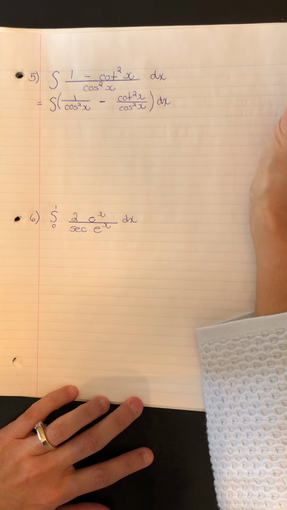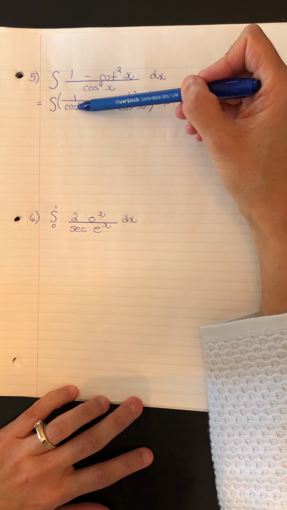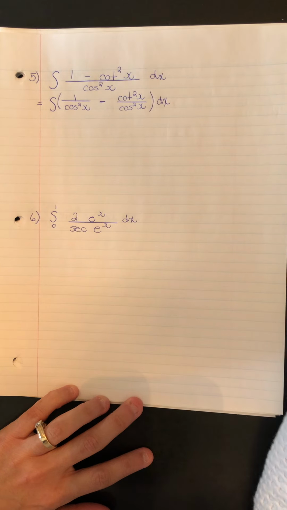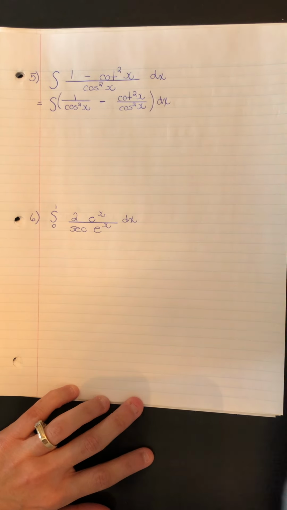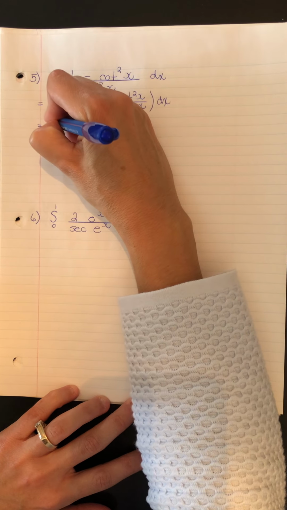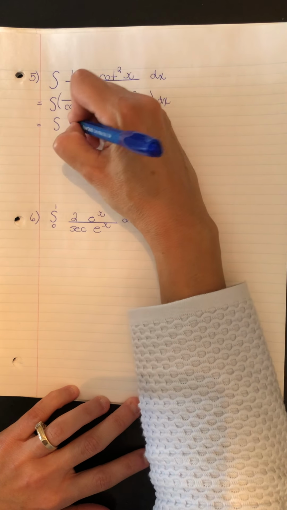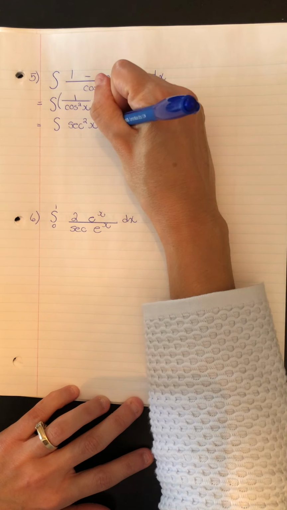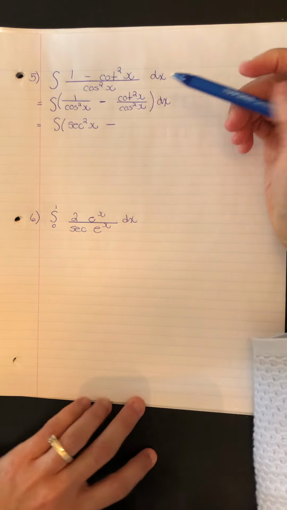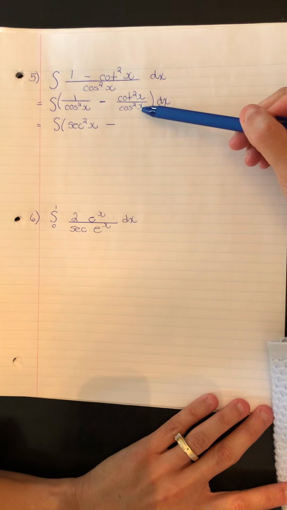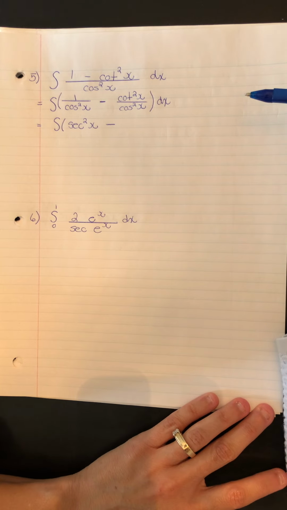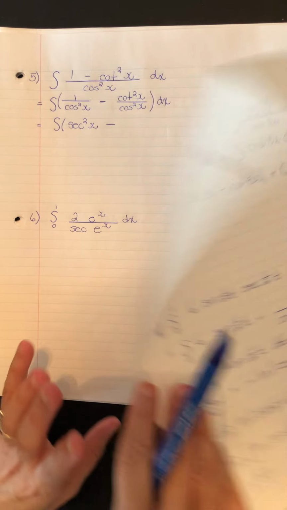Now we're going to use our identities to simplify this and this. Well, 1 over cosine x is secant x. So that means 1 over cosine squared x is secant squared x. Minus, now what about this one? What is cotangent divided by cosine? Well, we just figured this out in problem 3.